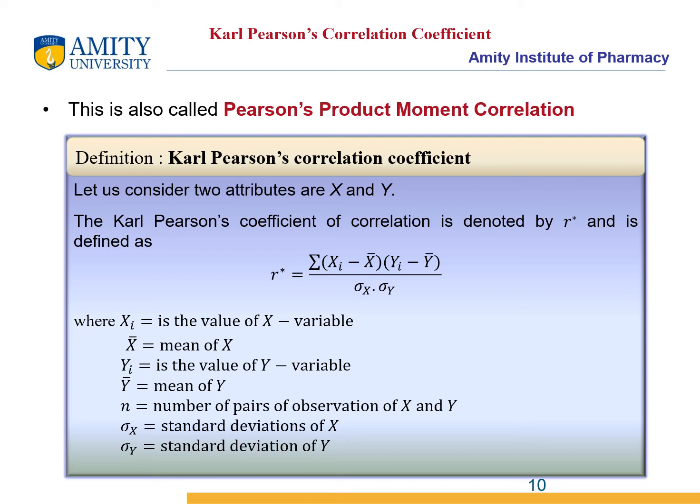By putting the values of all the variables in this formula, we are going to get the value of the correlation coefficient. xi is the value of the x variable, x bar is the mean of x, yi is the value of the y variable, y bar is the mean of y, and n is the number of pairs of observations of x and y, and the standard deviation of x into standard deviation of y is under this.